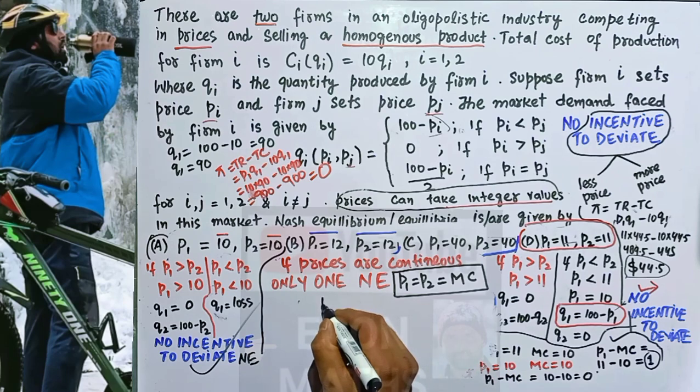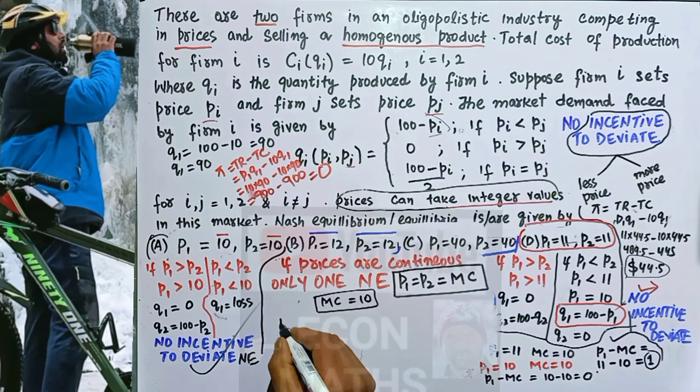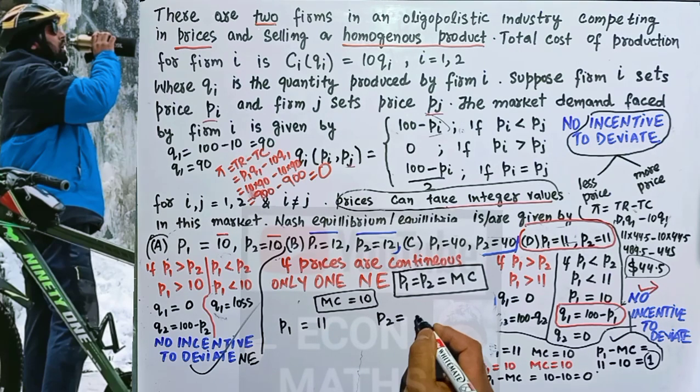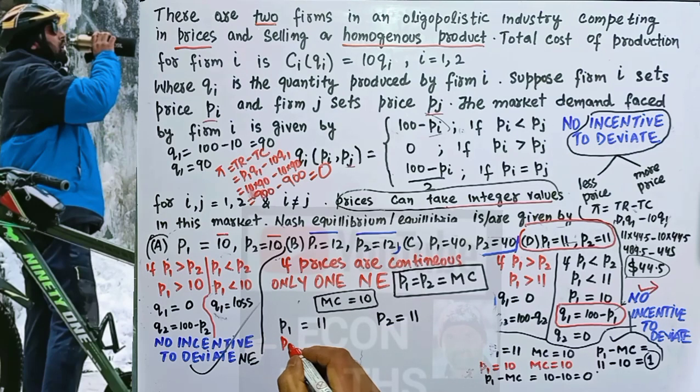Let us say marginal cost is equal to 10. If firm 1 is charging $11, firm 2 is also charging $11 and prices are continuous, then if firm 1 charges $10.99, firm 2 will also charge 10.99, then firm 1 will set 10.98, firm 2 will also set 10.98.